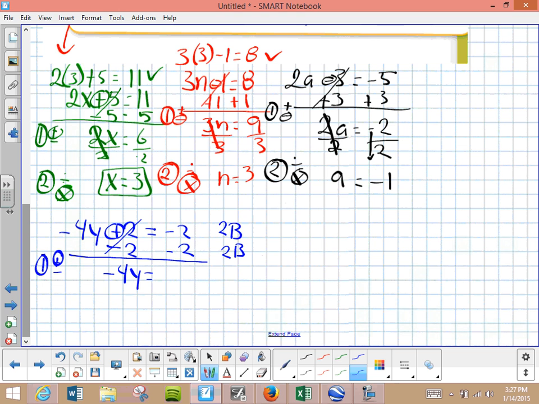Because they're negatives. Here's how visually, right here, how many negatives do I have? 1, 2. And then I have 2 more negatives right here. How many negatives total? 4. Even when you add negatives, you're not really adding them. You're just putting them together. You're just combining the signs. Right here, I have 2 negatives and 2 negatives. How many total? 4 negatives.